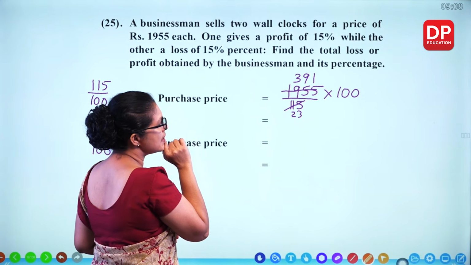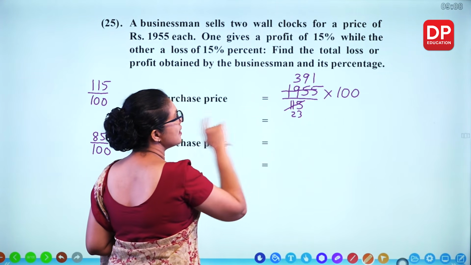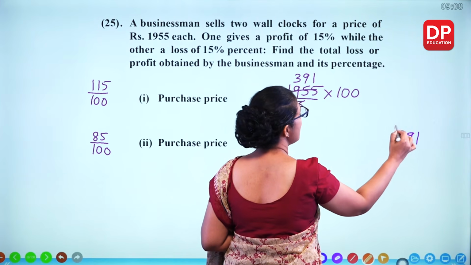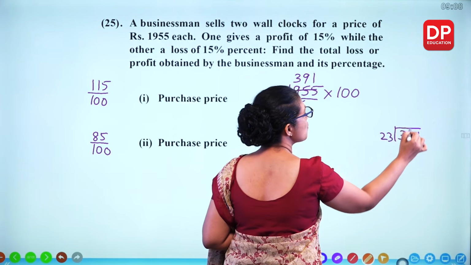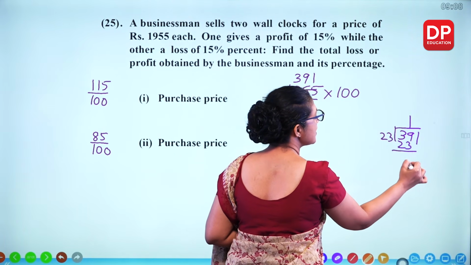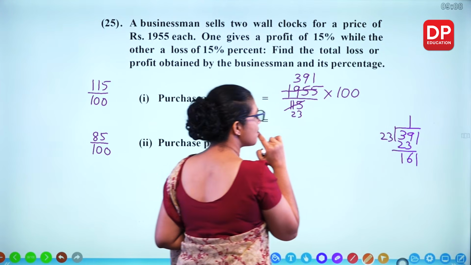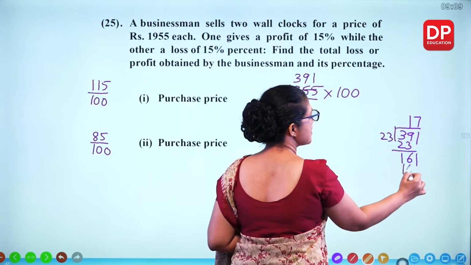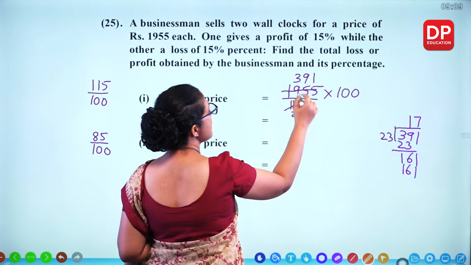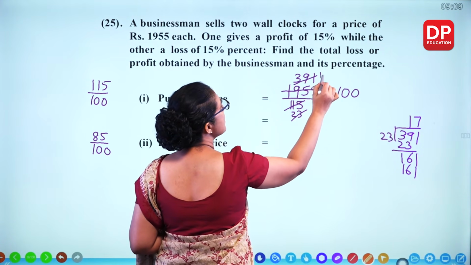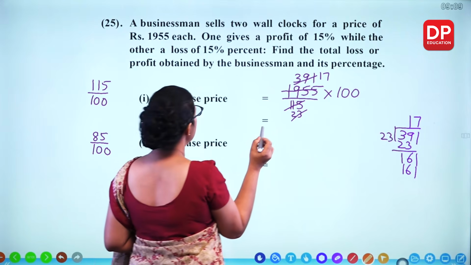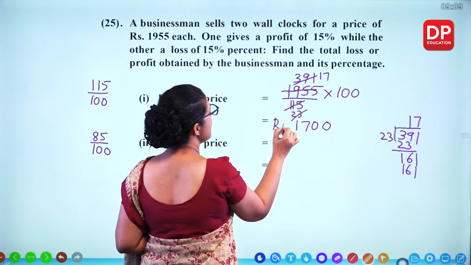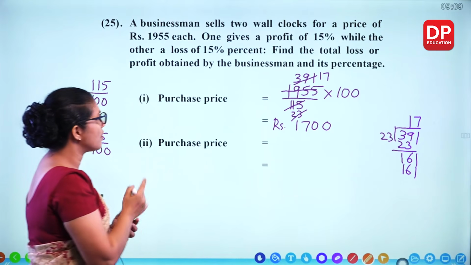So this is 391 divided by 23. That's 17. 7 times this is 161. So that means here 17 times 100, you get 1700 rupees. So that's the purchase price of one clock.